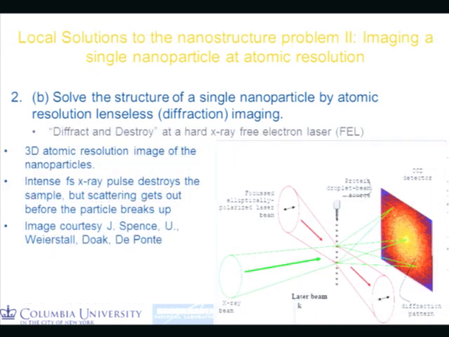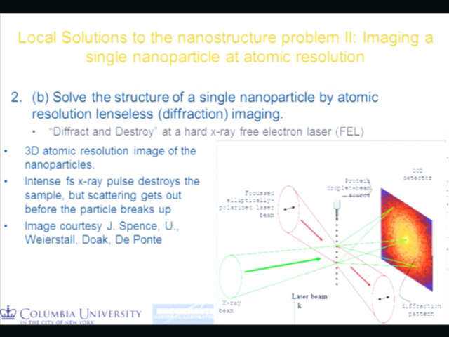If you have an extremely intense X-ray source, you can also do it with X-rays, and this is where the X-ray free electron lasers come in. John Spence showed some beautiful work that was published recently in his talk. This is a picture from John Spence when they were putting it together. In this case, you essentially put your nanoparticles into droplets, put them through a nozzle, and fire them this way.